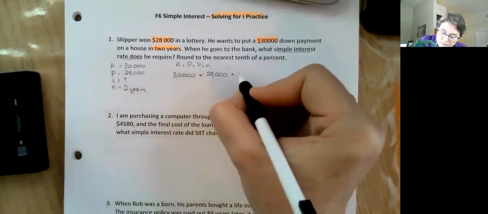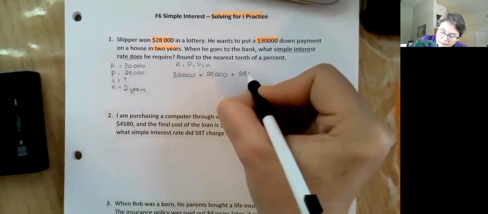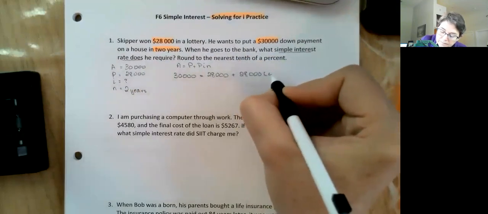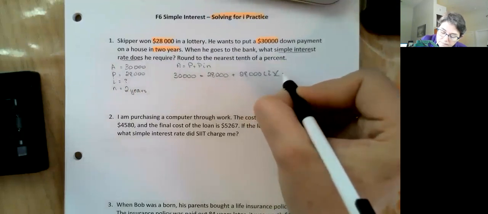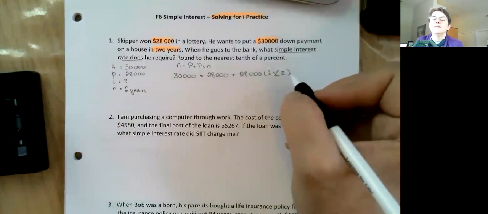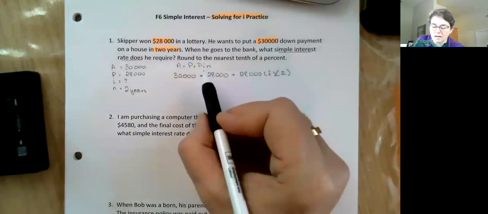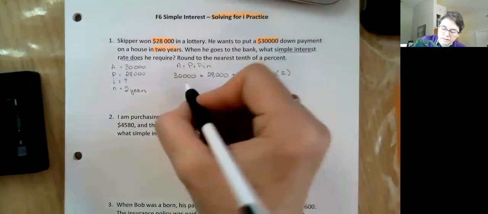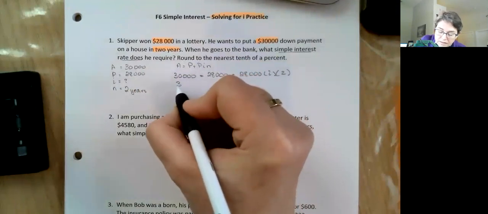And then we substitute. It just feels weird because the I is in the middle, but I don't want to change the order. I always want to keep following my formula. That is a good plan for all of us.